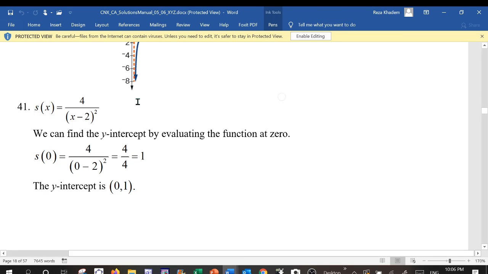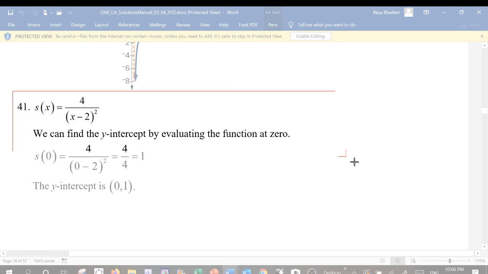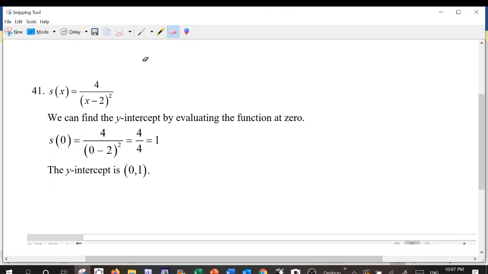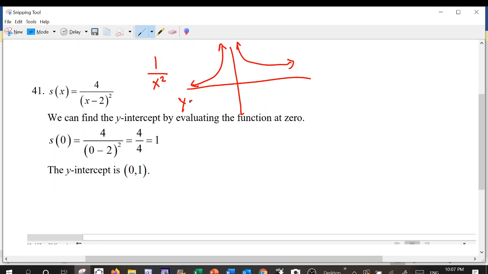Well, again, you could use the procedures that we talked about to graph it: vertical asymptote, horizontal asymptote, and all that. But we know this function, right? This function looks like this. Right? So the horizontal asymptote is y equals 0, and the vertical asymptote is also x equals 0.